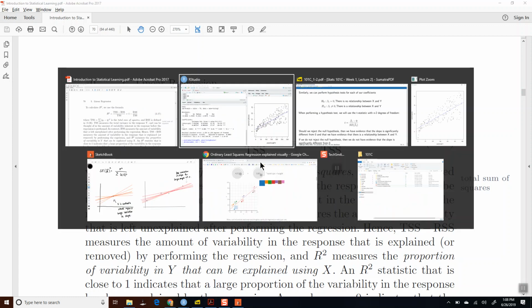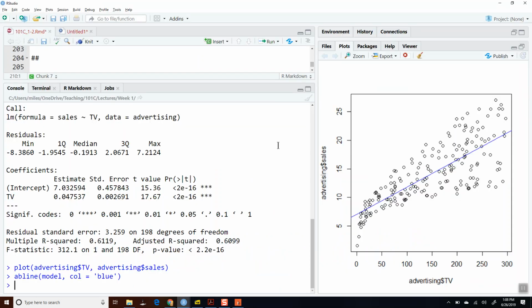I think this is easier illustrated with my fake data set.